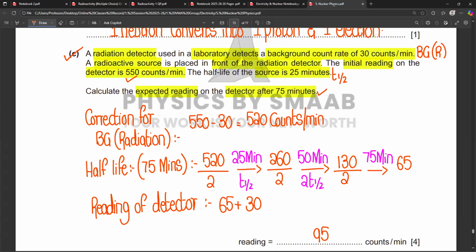But when there is no radioactive element placed in front of the detector, it means we only have background radiation present in the atmosphere, and the detector records the value of the background radiation only, right? Any question? Okay.